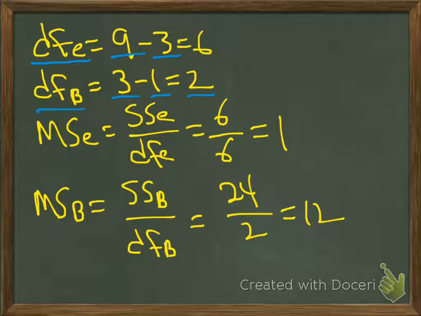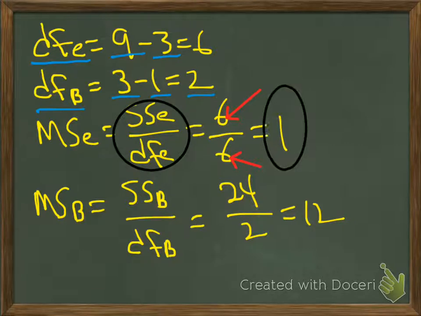So if you look here, this formula right here, sum of squares error divided by the degrees of freedom error, the SSE was 6, and the degrees of freedom error was 6, and 6 divided by 6 is 1.